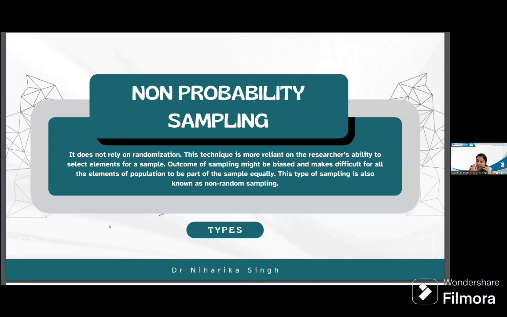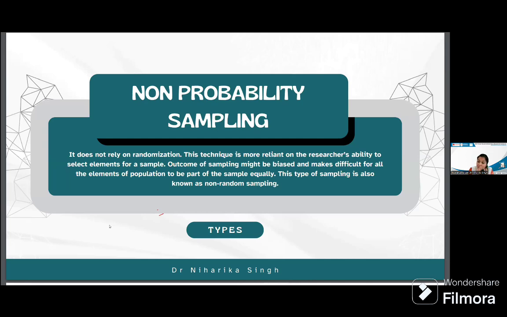So the experience and the ability that the researcher has matter a lot when it comes to employing non-probability sampling for their research work.